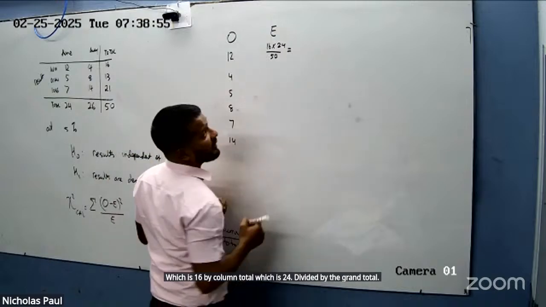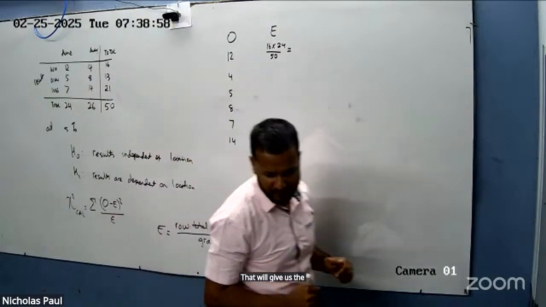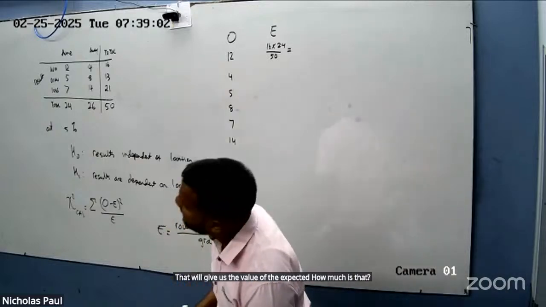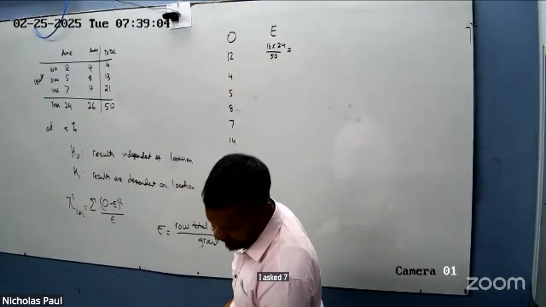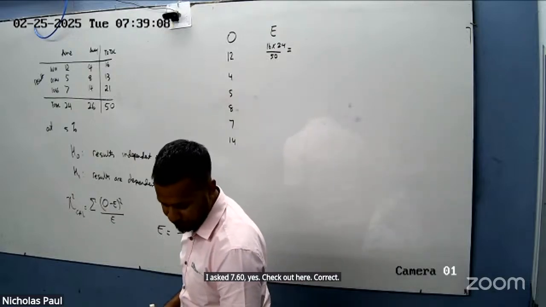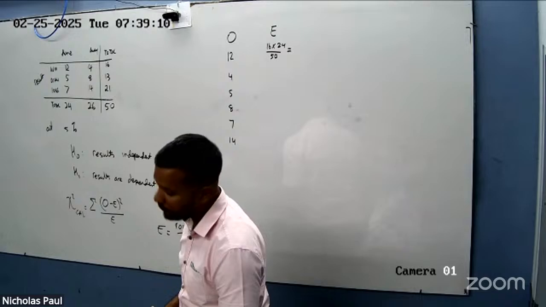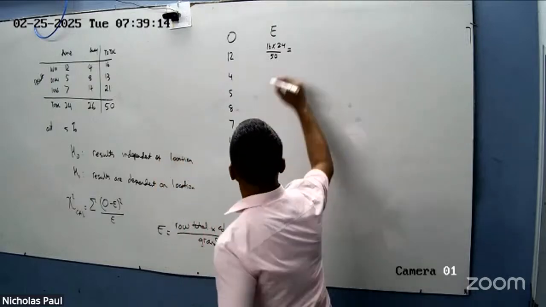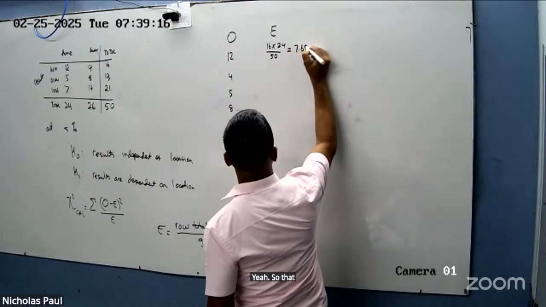That will give us the value of the expected. How much is that? I have 7.68. Just check it out here. Yeah, so that's 7.68.